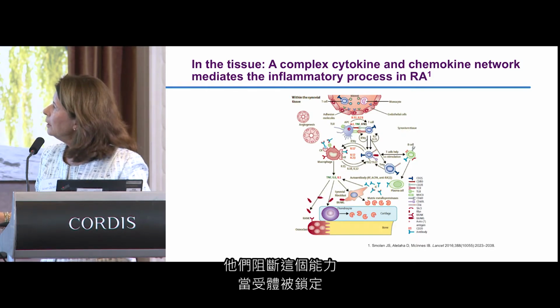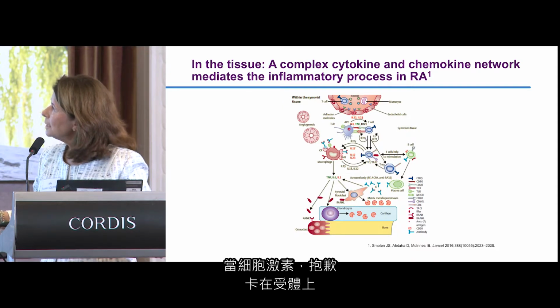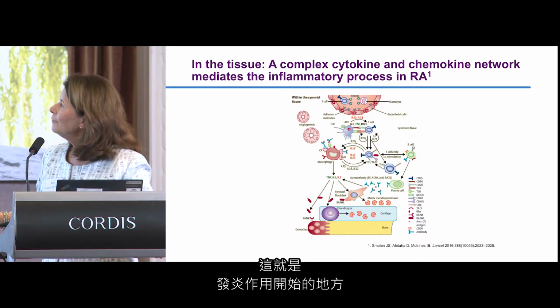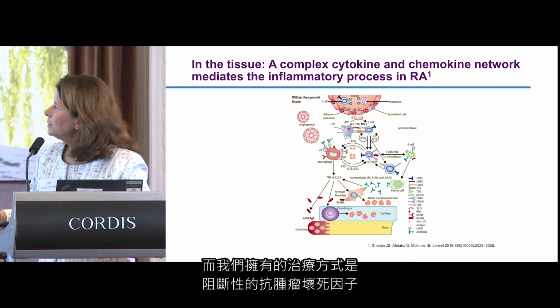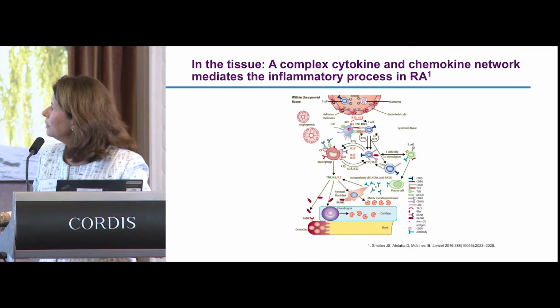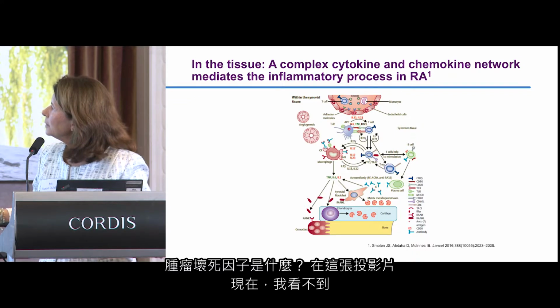They are blocking the ability, once that cytokine locks into the receptor, that is where an inflammatory action starts. And the treatments that we have are blocking, anti-TNF. Where's TNF? I can't see it on this slide at the moment.